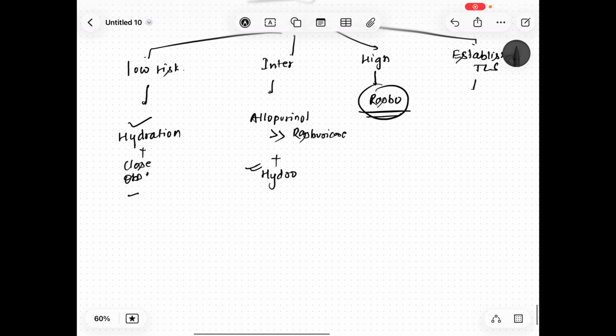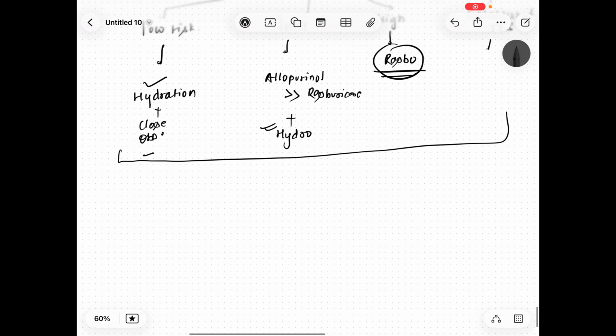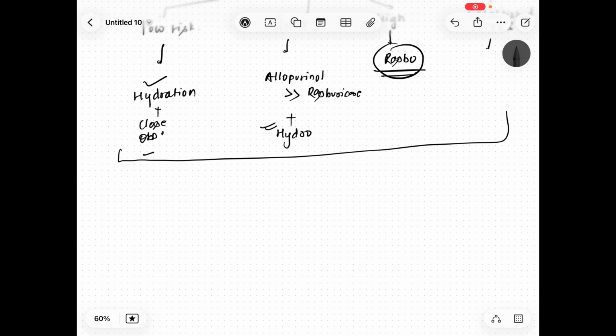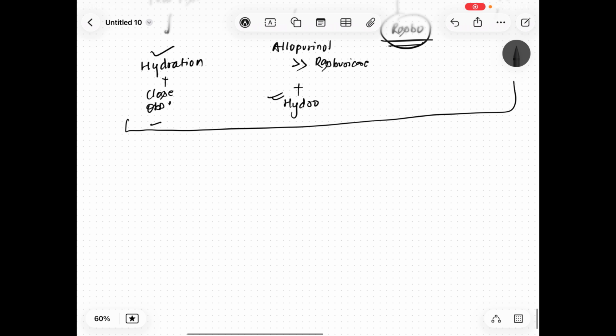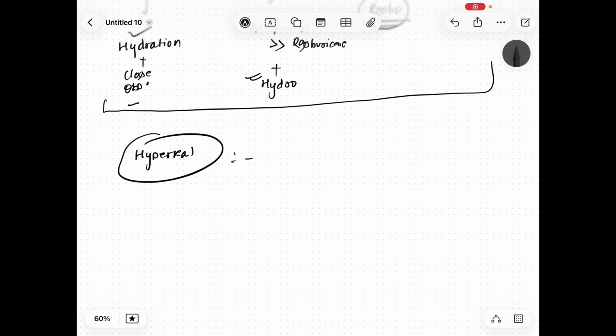And apart from the hypouricemic agent, you have to manage the other electrolytes also, like hyperkalemia. You can give calcium gluconate for cardiac stabilization.